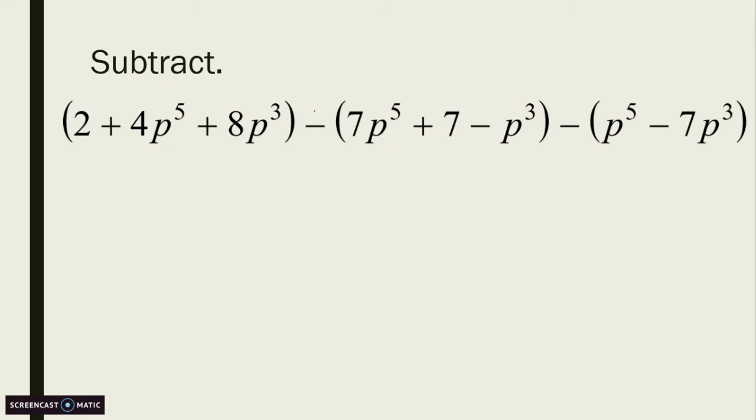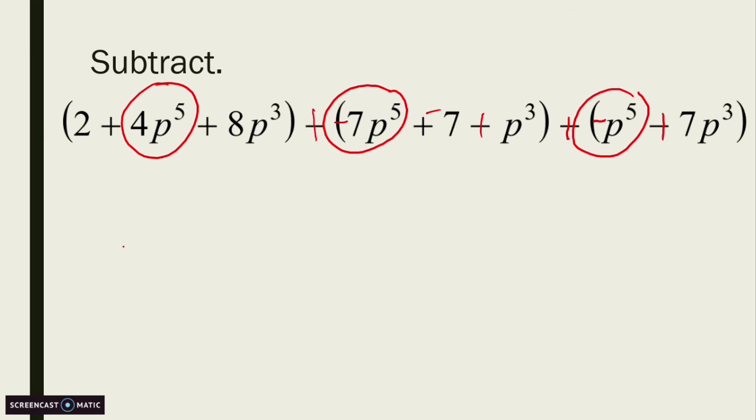It's going to work the same way. This subtraction sign applies to the second polynomial, so those all get opposites. The second subtraction sign applies to the third polynomial, so those get opposites too. Highest exponent appears to be a 5. Start by adding those up. 4 minus 7 is negative 3, minus another 1, so we got negative 4p to the 5th.